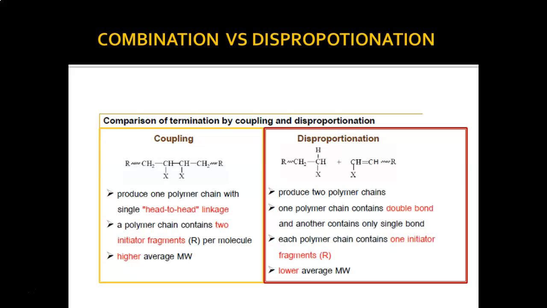Termination by disproportionation produces two polymer chains, one containing a double bond and the second only a single bond, and each chain contains one initiator fragment. It produces a lower average molecular weight.